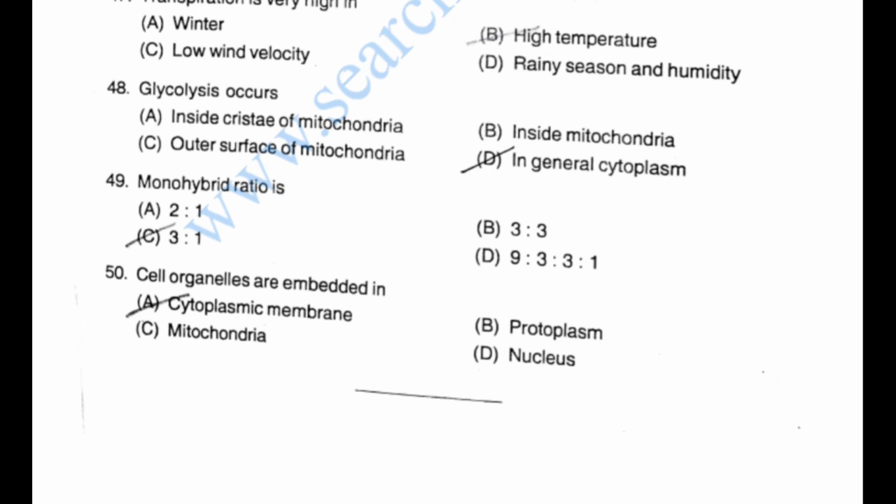Very simple, 3:1 monohybrid cross. And the last question here is, cell organelles are embedded in. Where are cell organelles present? Answer is protoplasm. Inside the protoplasm, cell organelles are present.